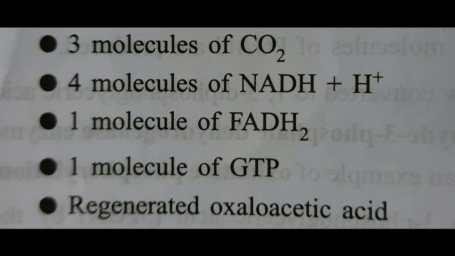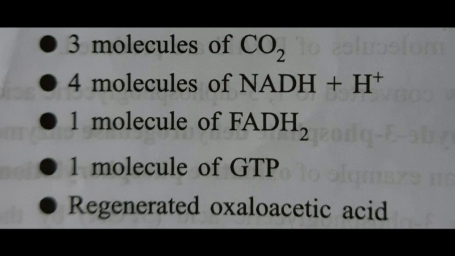As I told you, in the final step of this reaction the oxaloacetic acid is regenerated, and if one acetyl CoA is added to it, it will go further with the cycle and run continuously. So that is the full Krebs cycle that you know. It is a very important part of fuel production.